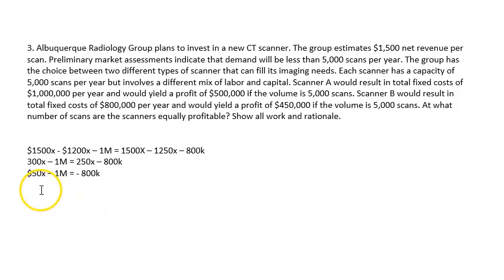So I can add 800,000 to each side of the equation. I think you can probably run that in your head pretty quickly. So I've got 50x minus 200, I'll go ahead and write it out for you guys, $200,000.